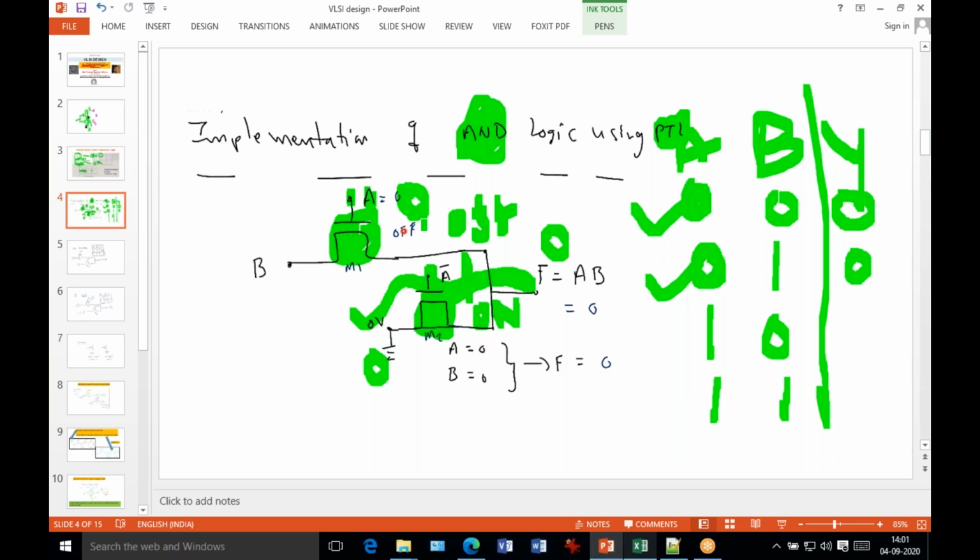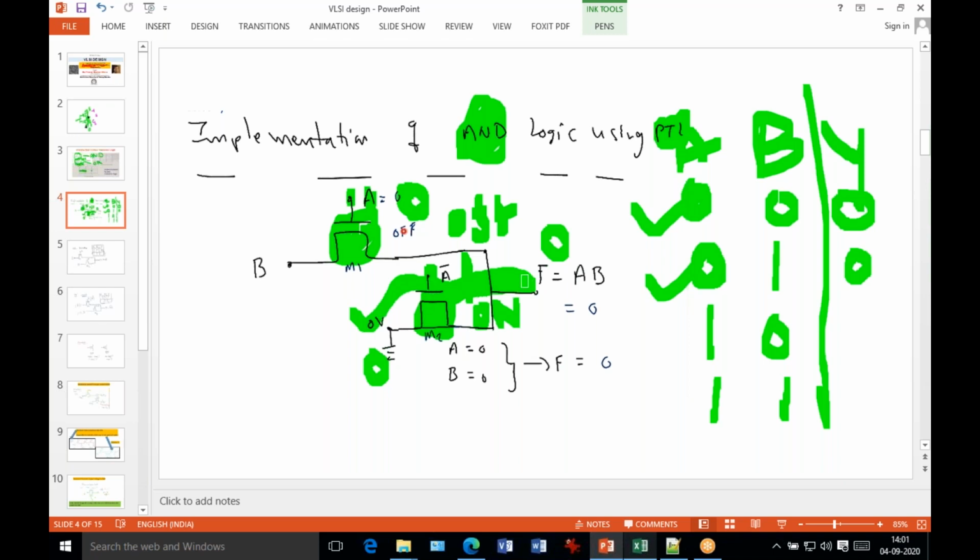So my top side transistor is off, but the downside NMOS is on. So if this is on, your input signal is connected here.